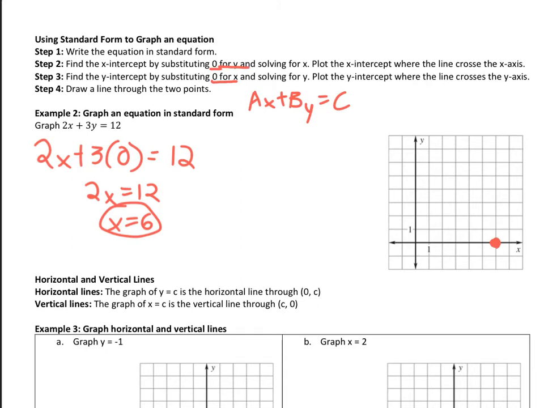The y-intercept, I'm going to substitute 0 for x to get my y-intercept. 3y equals 12. My y-intercept is 4. So I count out my y-intercept 1, 2, 3, 4. Then I have my 2 points, and I'm going to do my best to draw a straight line again.